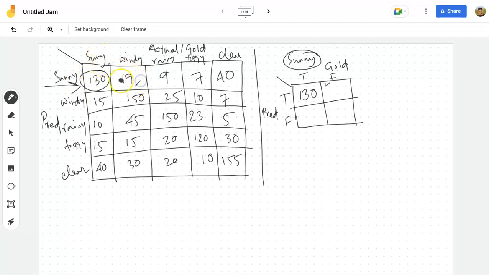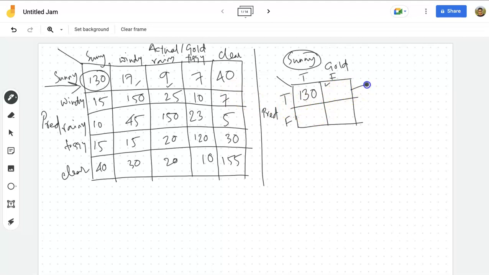The second cell says your model predicted sunny, but the gold label is windy. The third says the prediction is sunny, but the gold label is rainy, and so on and so forth. So you can use this information to calculate this.